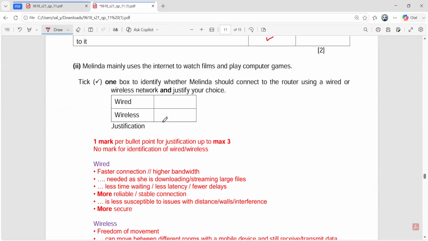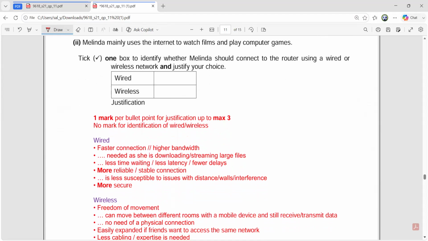Now for wired, what is the biggest advantage? Or how will I justify my answer for using a wired network? Faster communication because it has a higher bandwidth. This is needed as she's downloading or streaming large files. Less time is wasted in waiting because there's no latency as such. The wired network is more reliable because it is a stable connection and it is less susceptible to any sort of interference or any sort of attack also.